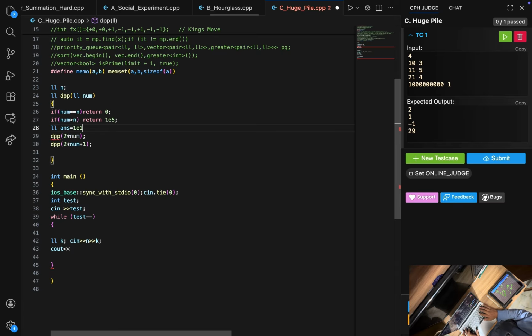Answer equal to 118. Answer equal to minimum of answer comma, it should get a +1. Yeah, looks good. +1.